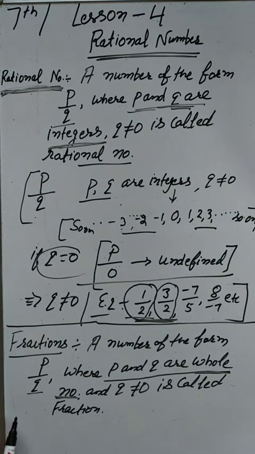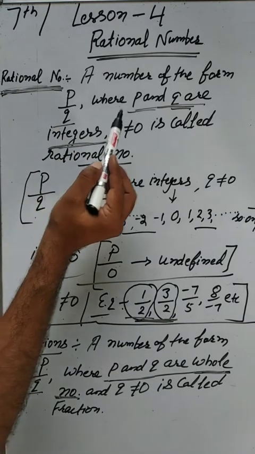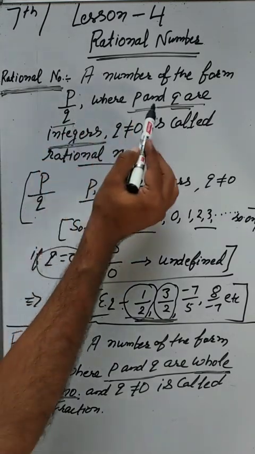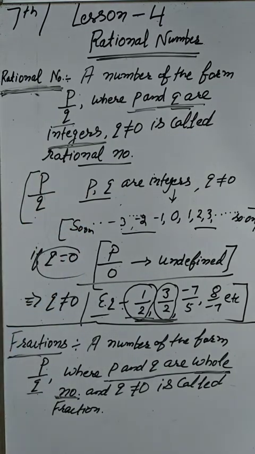Fractions are numbers of the form P upon Q, where P and Q are whole numbers, and rational numbers are numbers of the form P upon Q, where P and Q are integers. Understood beta? So this is the first difference between rational numbers and fractions.